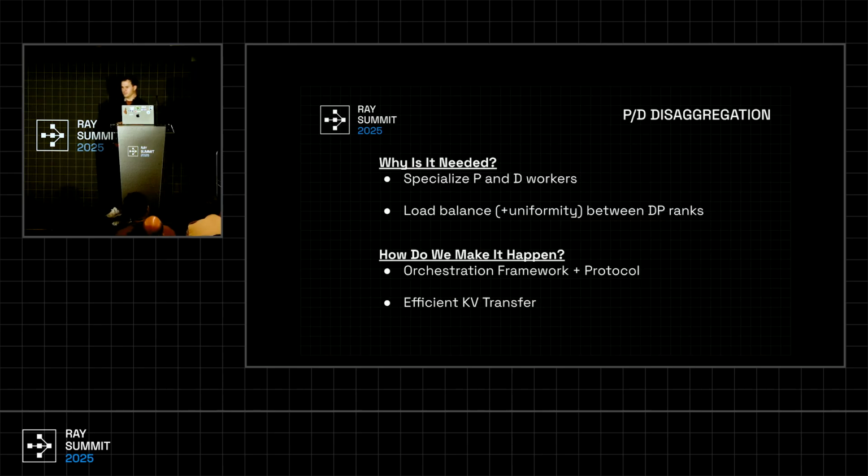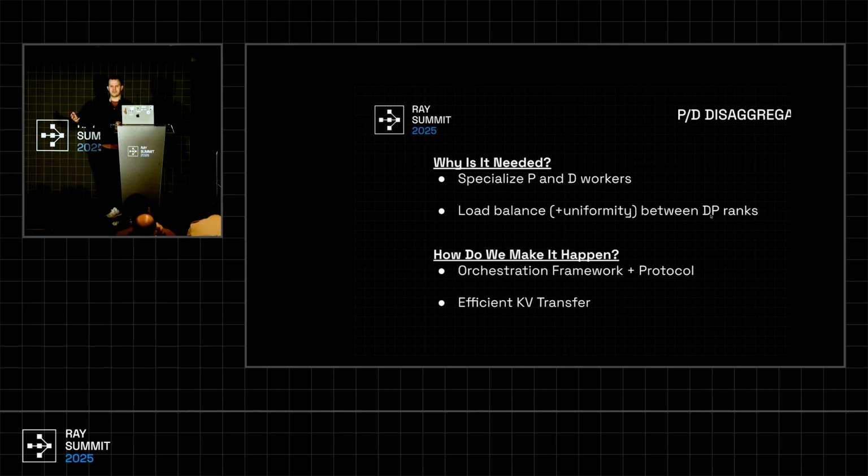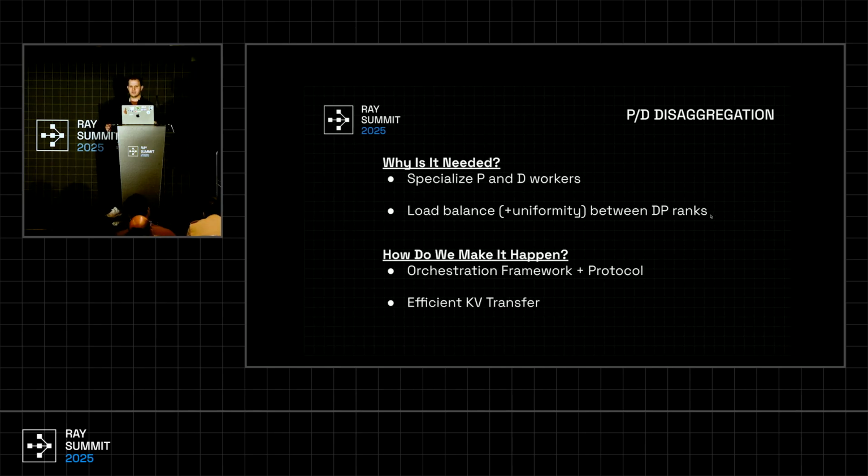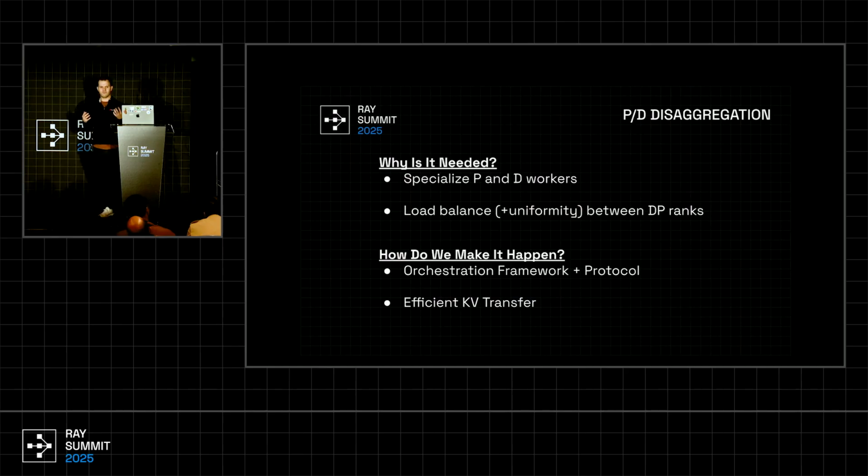One is I just talked about the decode case and the prefill case for DeepGEMM and DeepEP. And so a very obvious thing is it would be great if we could have a prefill worker that was always doing work with DeepEP high throughput and a decode worker that was always doing work with DeepEP low latency.